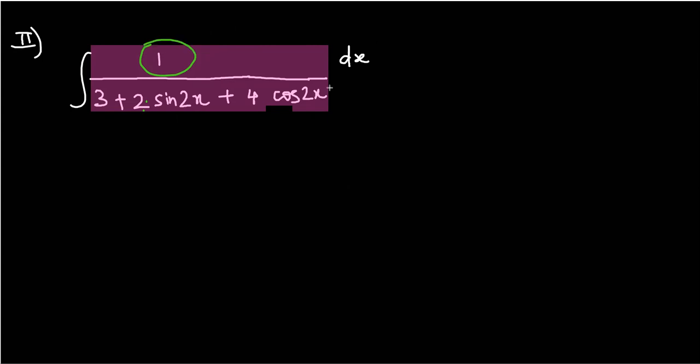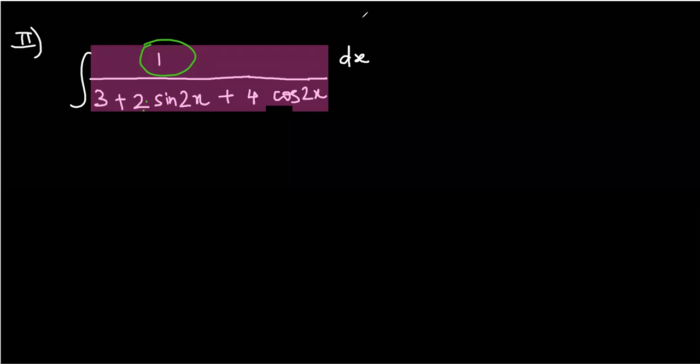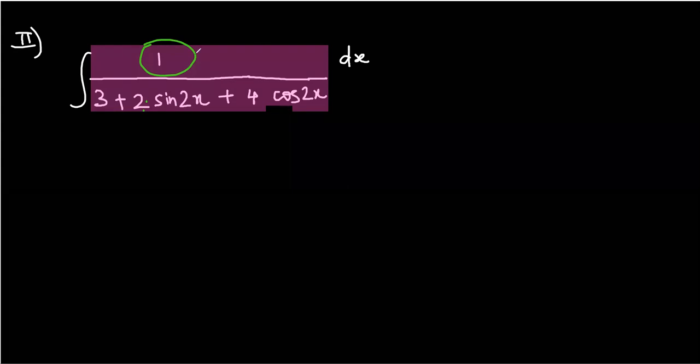See students, in the question that you solved earlier, you have 1 in the numerator as it is required for the type. In the denominator, you have a constant term. Then you have a term of sine, but the angle is not x, the angle is 2x. You have a term of cos. Once again, the angle is not x, the angle is 2x.